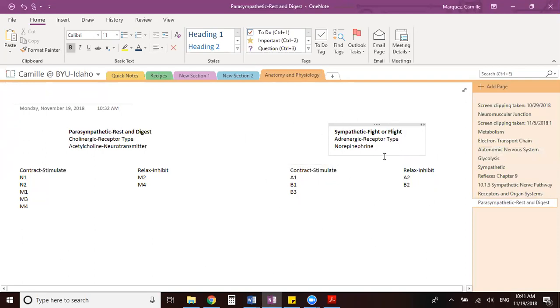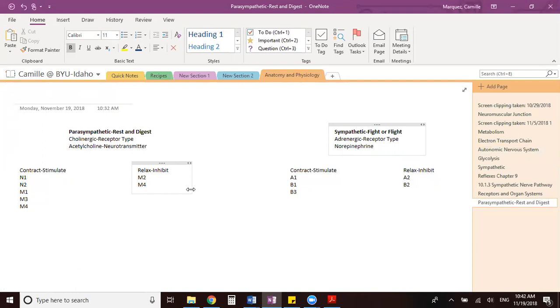Say the opposite: if we're talking about adrenergic receptors, that's sympathetic, and I'm going to be on this side, so I mark any answers from over here off. And then you have to know what each organ system is going to do under a parasympathetic response and a sympathetic response in order to know whether you contract or relax.